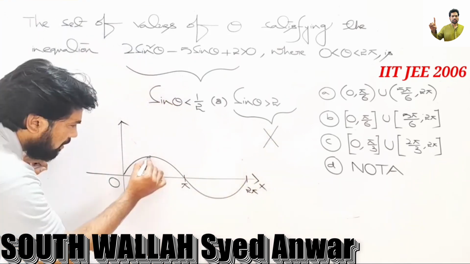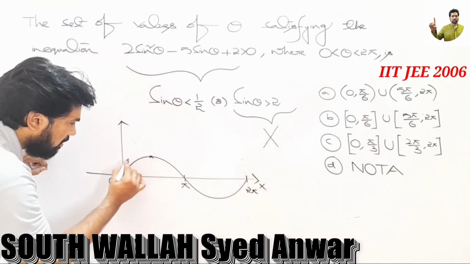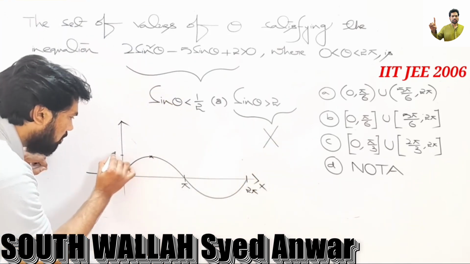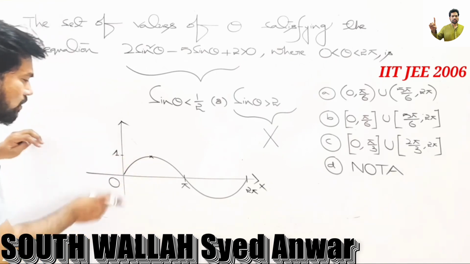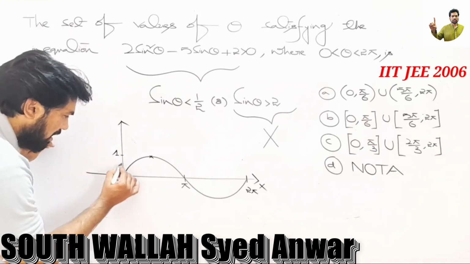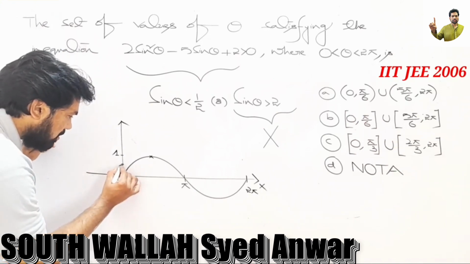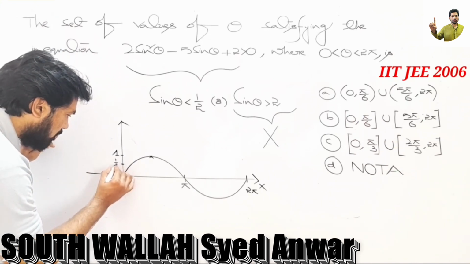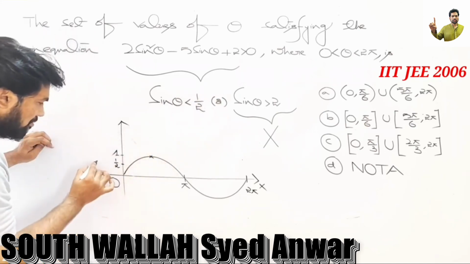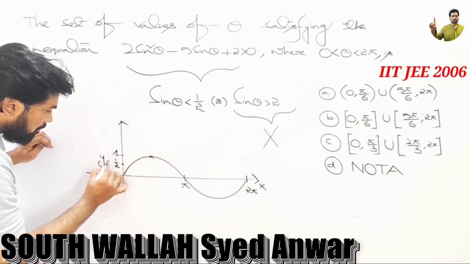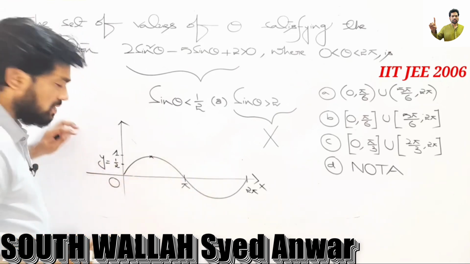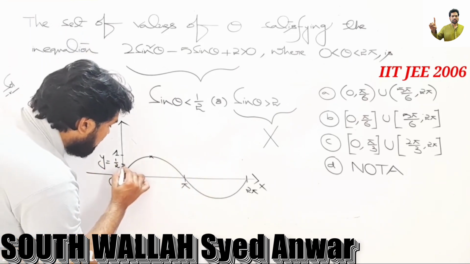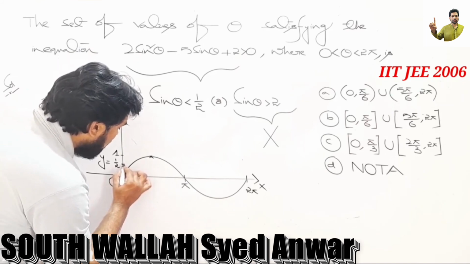Next, what is the maximum value of sine theta? Plus 1. So between 0 and 1, there exists one midpoint which is 1 by 2. Now I am going to draw the line y is equal to 1 by 2, which is parallel to the x-axis and at a distance of 1 by 2 units from the origin.